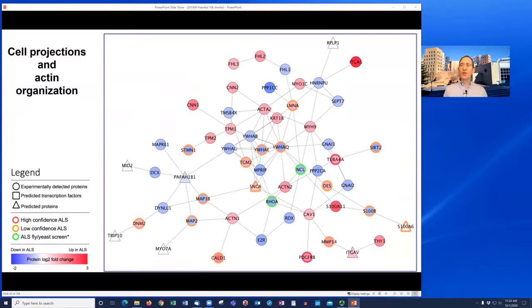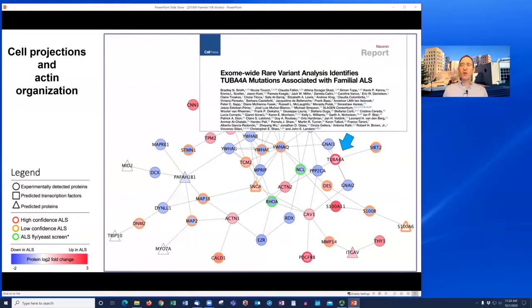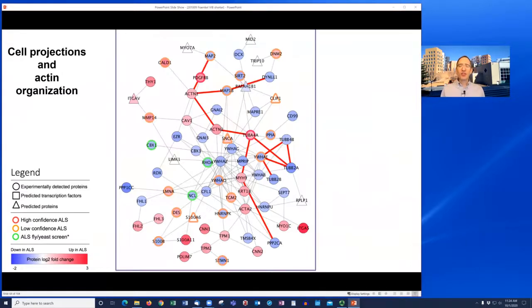But one of the proteins that we detected as changing was TUBA4A, which is a microtubule-associated protein. And this one is actually a cause of ALS in other patients as well. And so we can see that sometimes these genetic causes may be converging on similar pathways, and maybe some of the perturbations caused by C9 overlap with some of the perturbations caused by other mutations that lead to ALS. And it wasn't just that one protein.